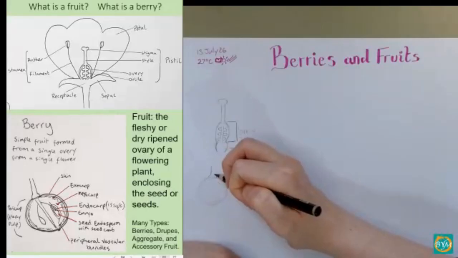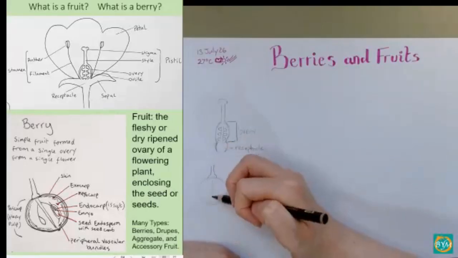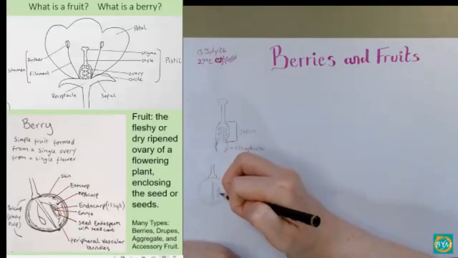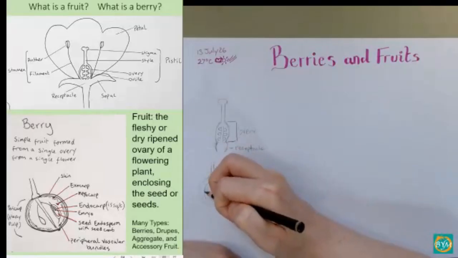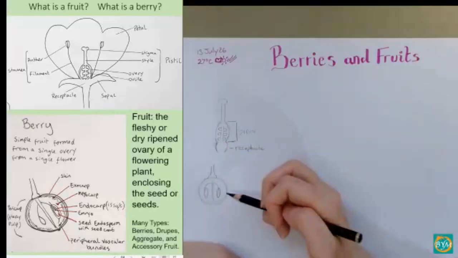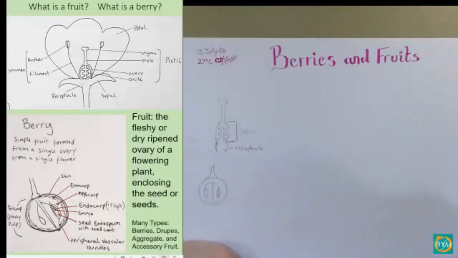And so we have, if we cut through our berry, imagine we've got some seeds over here, seeds over here, and then we've got several layers through the berry structure.